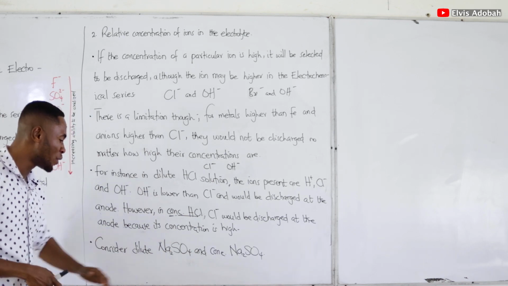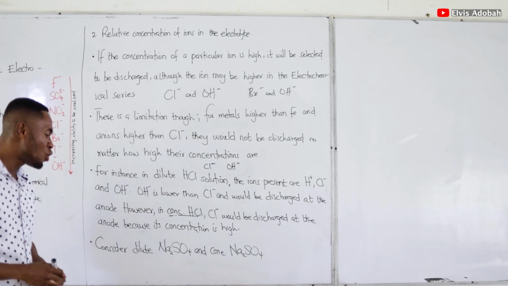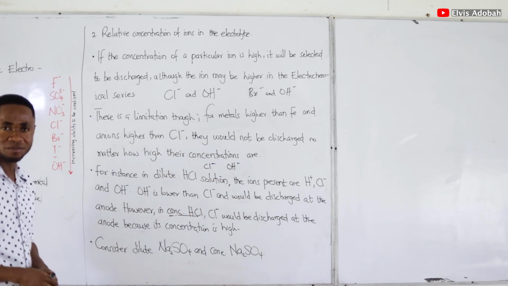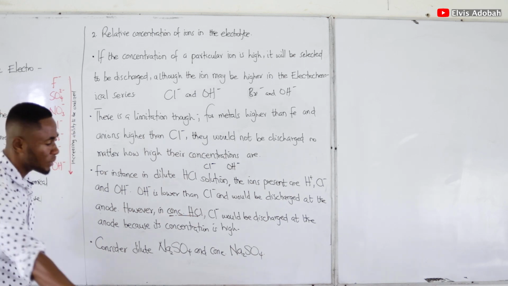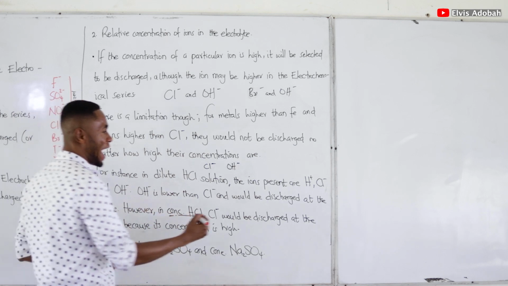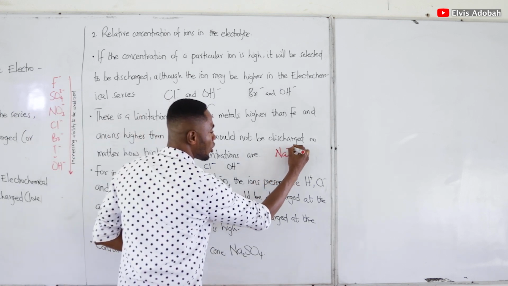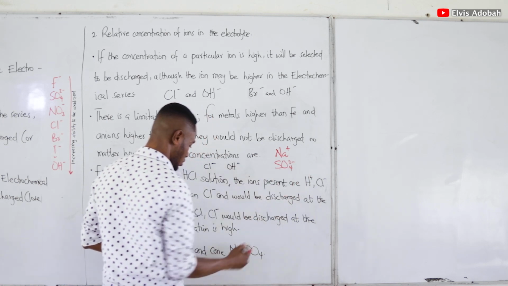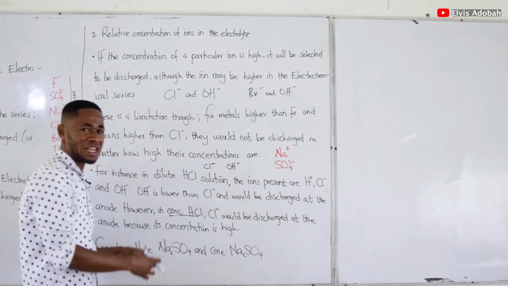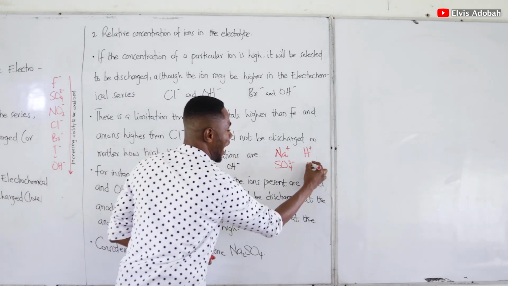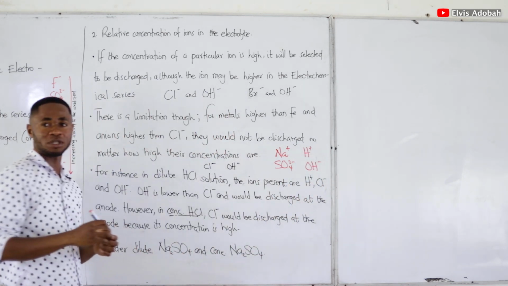We have another example here. Dilute sodium sulfate and concentrated sodium sulfate. Let's pick the sodium sulfate. The ions present are sodium ions, sulfate ions. Now, dilute and concentrated mean they are solutions, so hydrogen ions from the water, hydroxyl ions from the water.